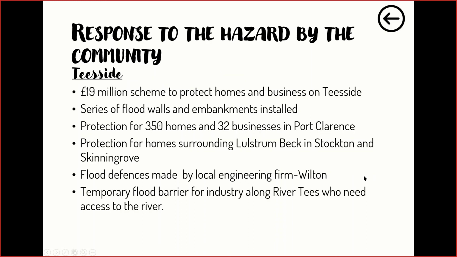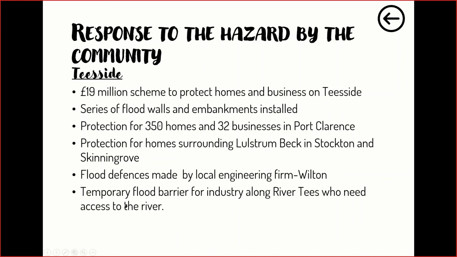And then locally, what did we do? Well, we got 90 million to protect homes and businesses, and they spent this on flood walls and embankments, to protect 350 homes and 32 businesses around Port Clarence as well, and areas in Stockton and Skinningrove got shared out between them. Now, the flood defences were made by the Wilton firm, so employed local people as well, multiplier effect.